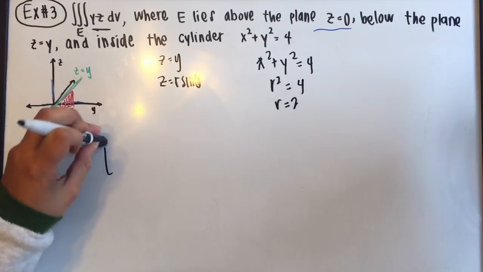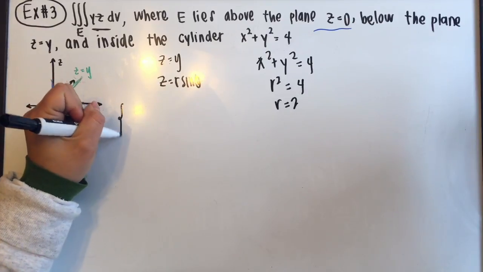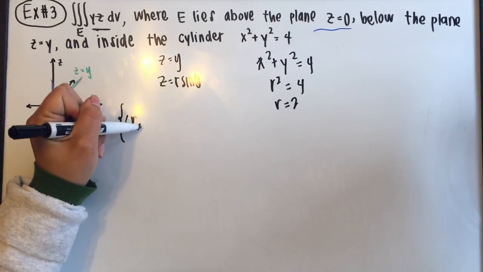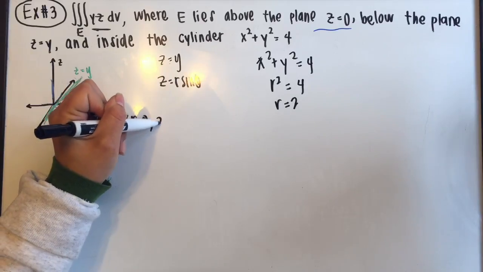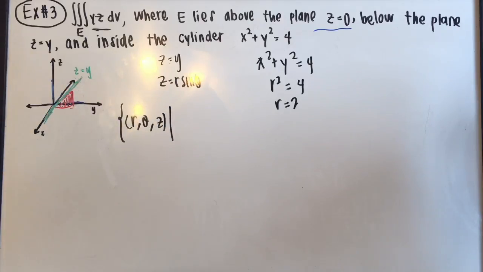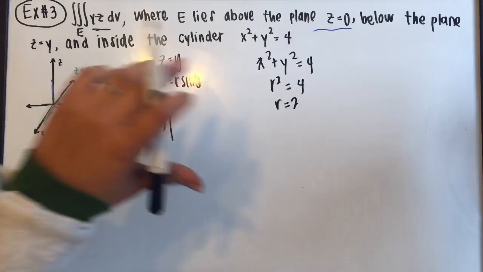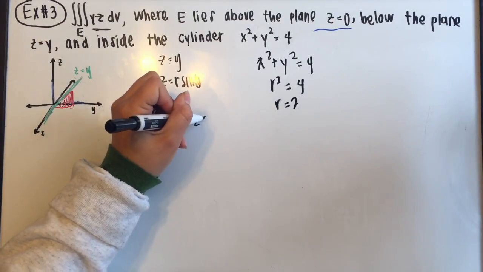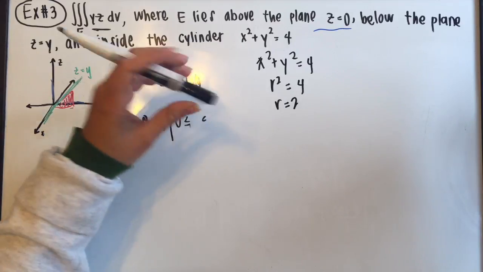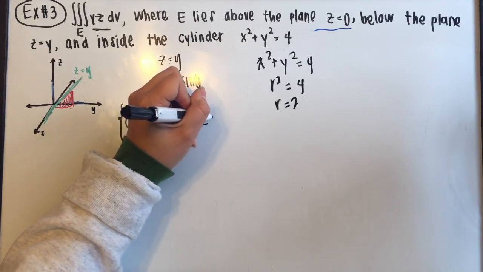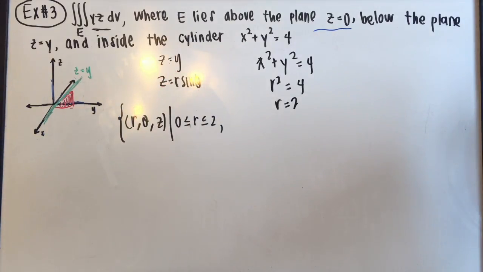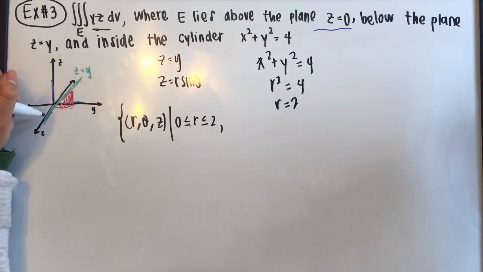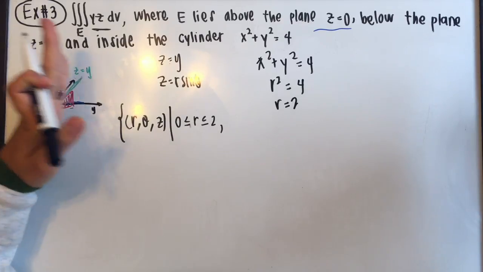Let me make this smaller, it's too big. Let's first start with the radius, because that's what we definitely know, right? So it's going to be from 0 to 2. Okay, now our angle. If we look at this, our graph is only this part here.